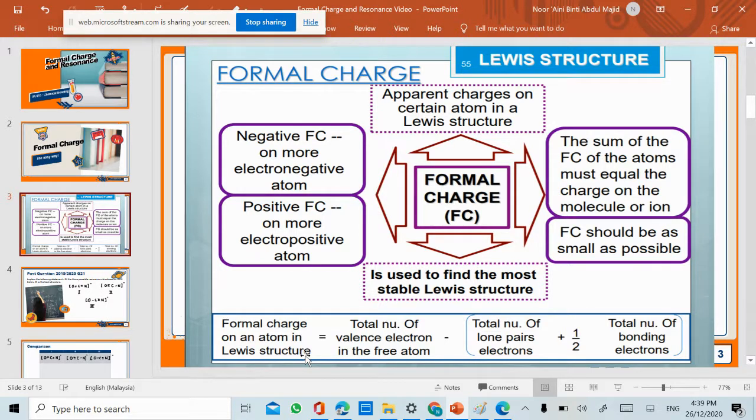But normally, marks will be given for the set of accurate formal charges. That means you need to calculate so many formal charges and that only gives you 1 mark. Therefore, I will teach you the fast way to do it. But still, you need to know this definition.